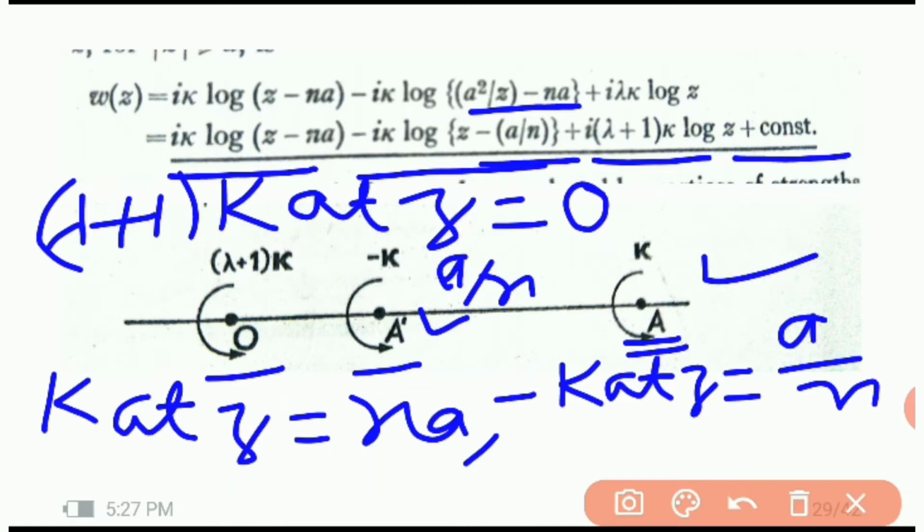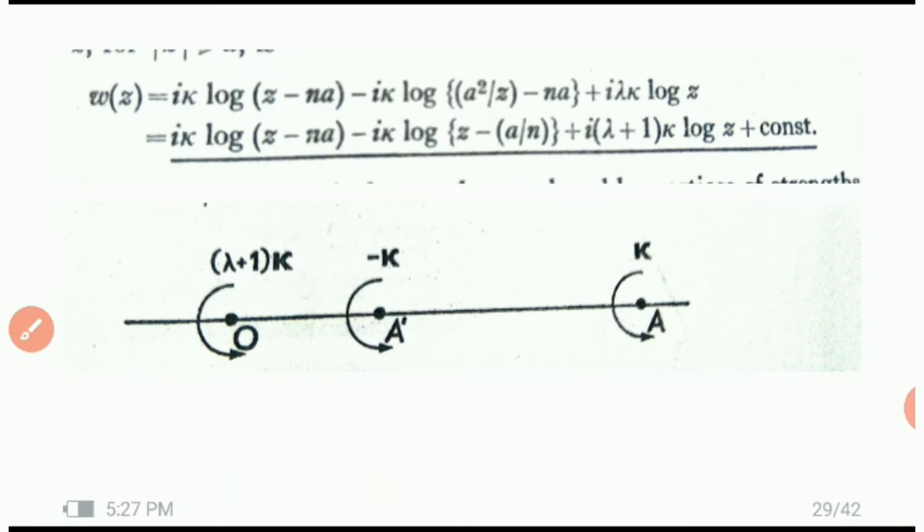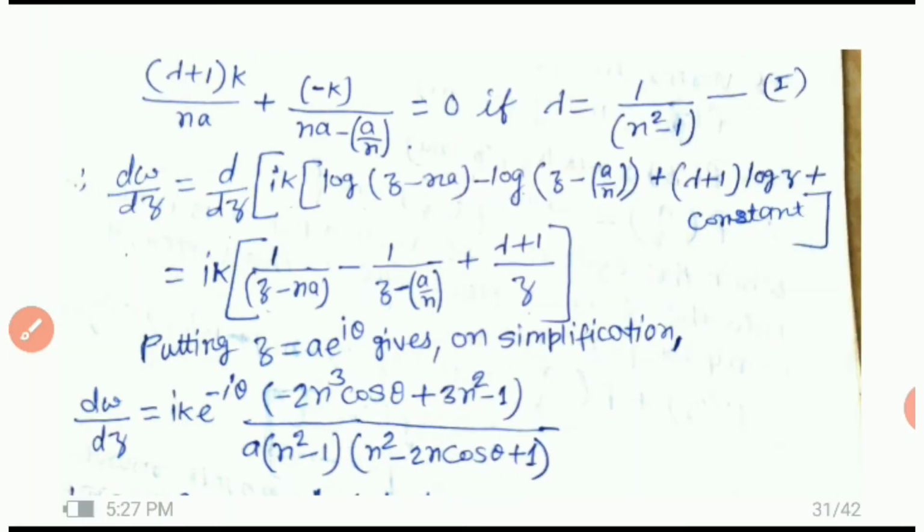From the diagram we see that the velocity at A, measured in the positive y direction, is (λ + 1)k/n − k/(n − a²/n), which is equal to 0 if λ = 1/(n² − 1). Suppose this is first.